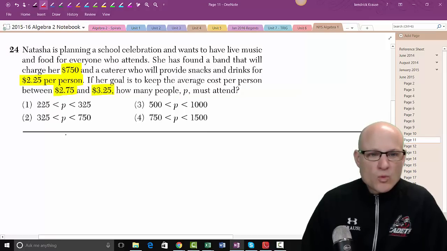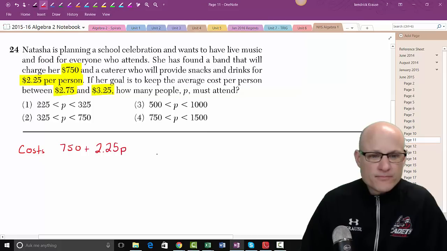So the total cost would be $750 plus $2.25 per person. And that should be greater than 2.75 per person, right?